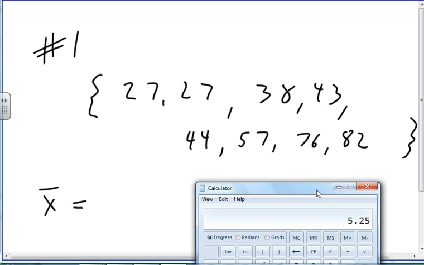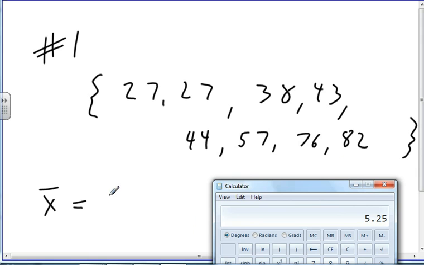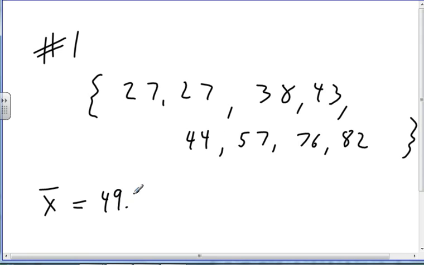What did I guess? 44? So the real number would be 49.25.